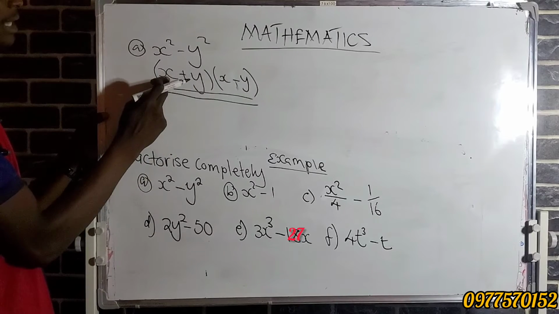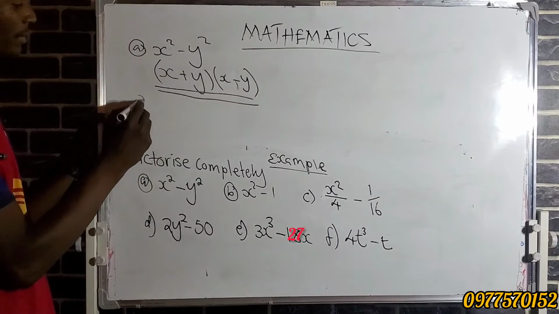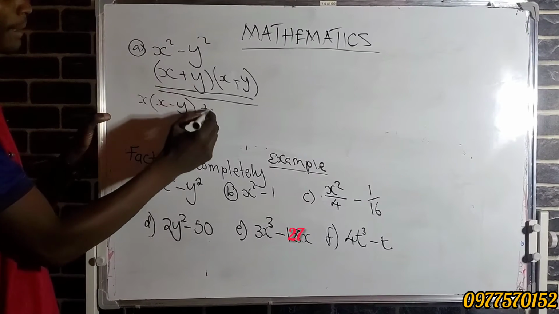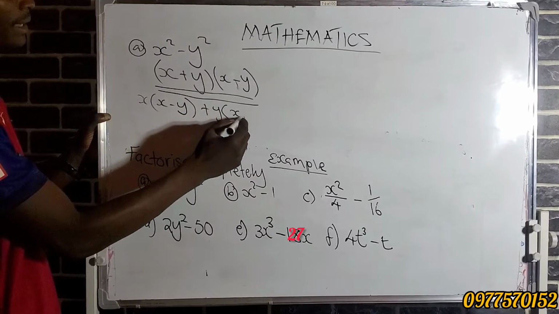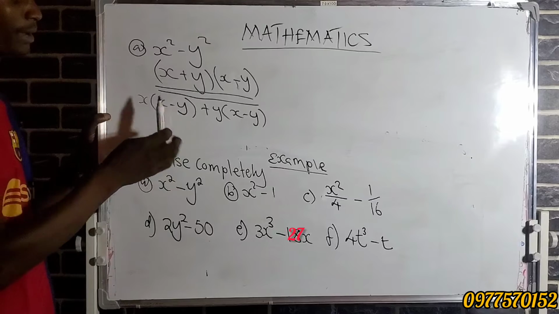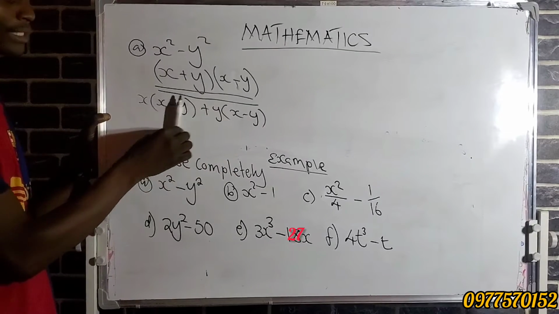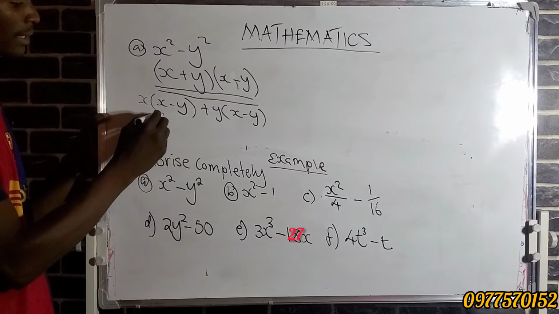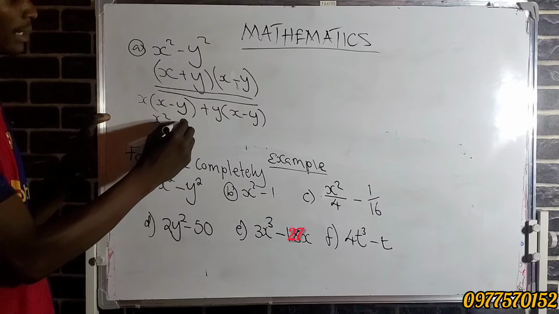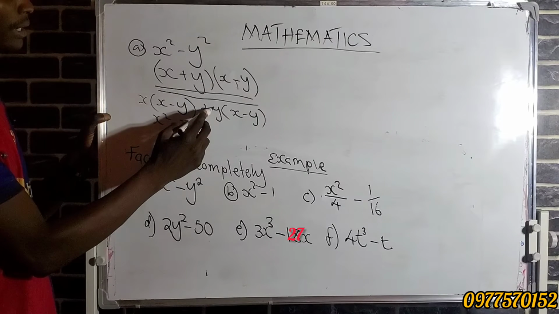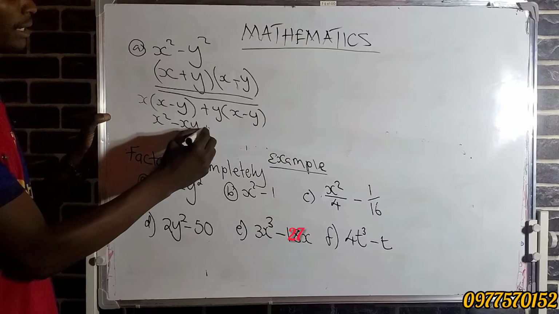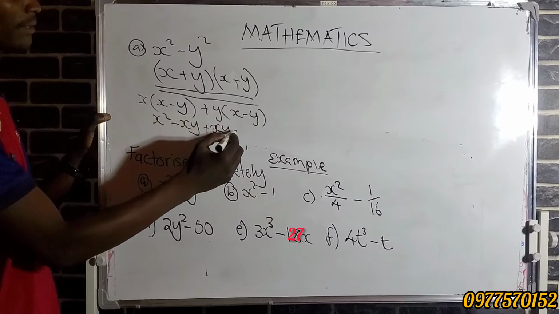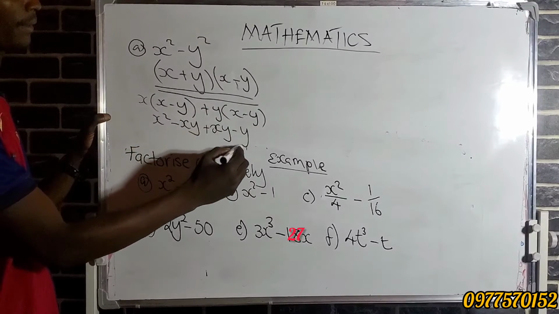Expanding this, we multiply x times everything on this side. So x times x minus y, plus y multiplied by x minus y. Do you remember factorizing by grouping, where inside the brackets they are the same? Here we expand: x times x, x times negative y, negative xy, y times x, following alphabetical order, xy, positive times negative, y times y, y squared.